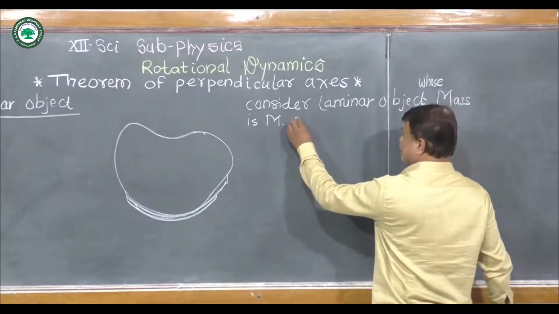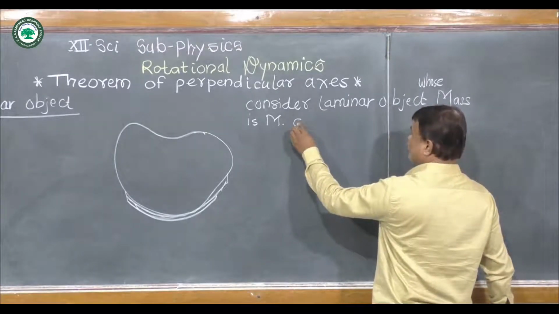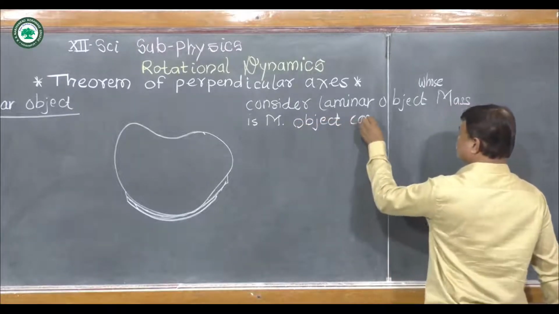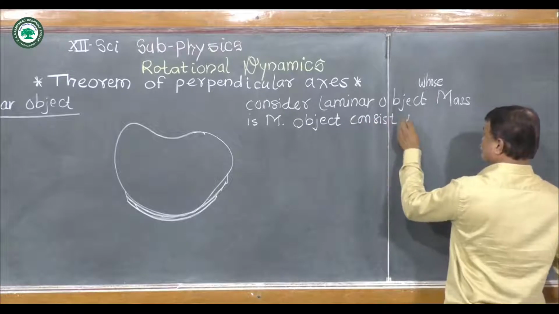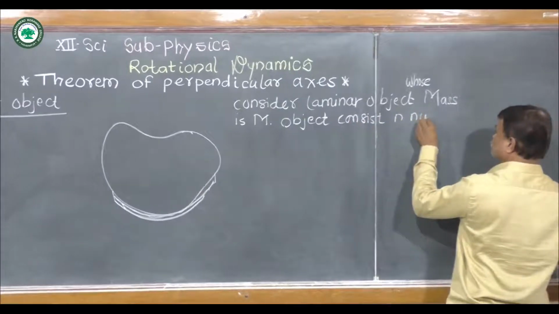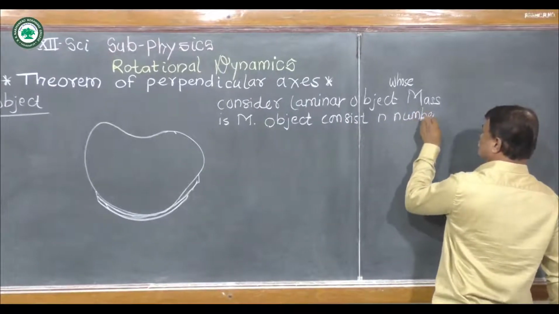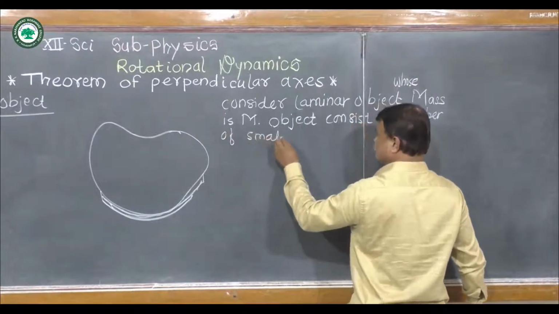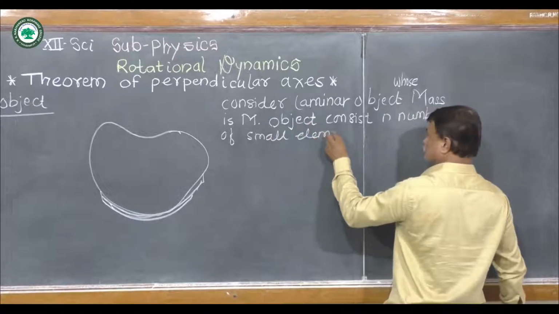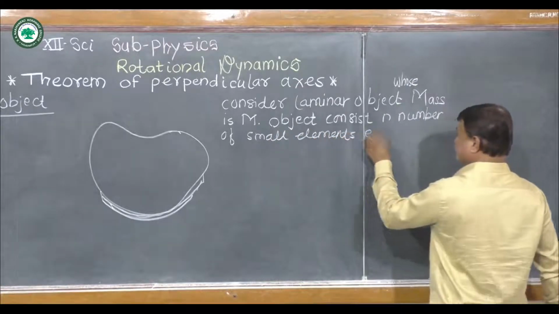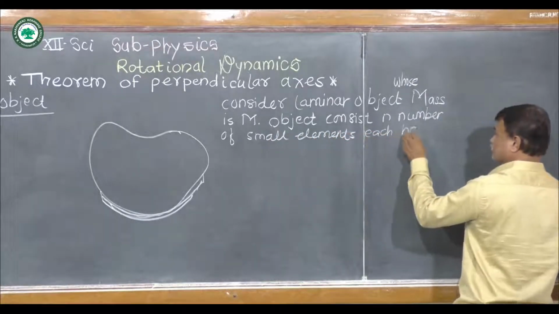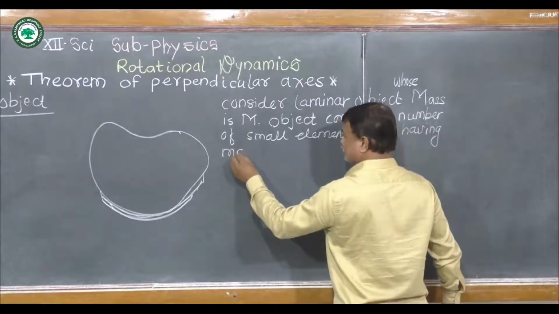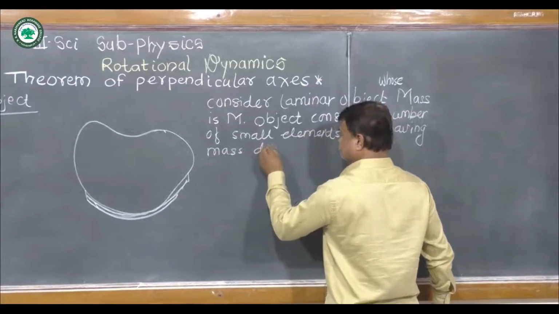So we say that this laminar object consists of n number of small elements, each having mass dm.